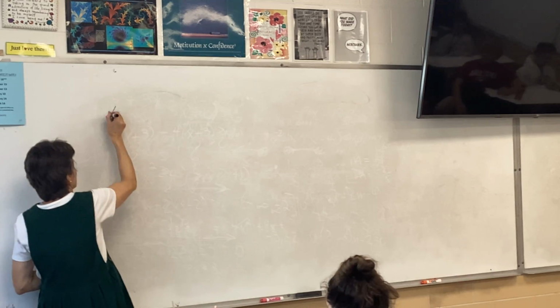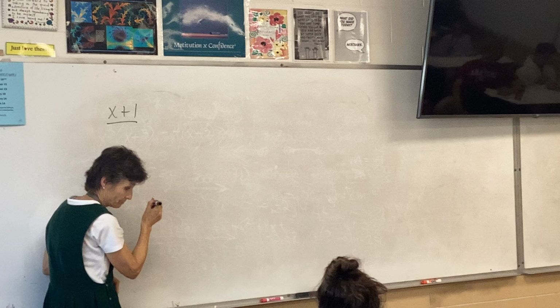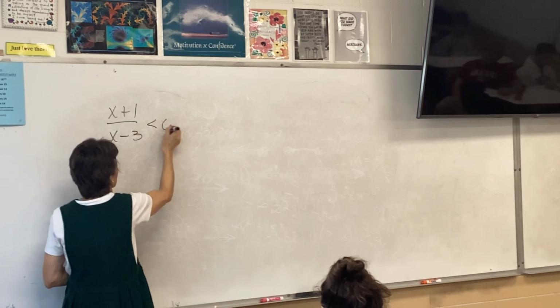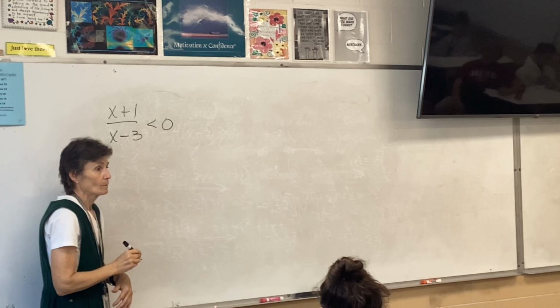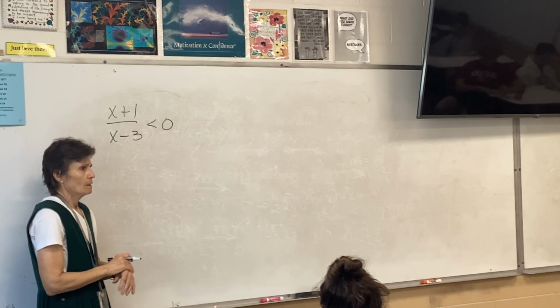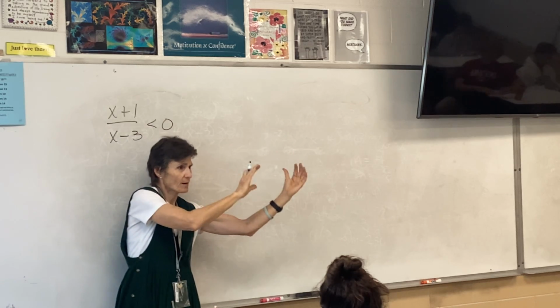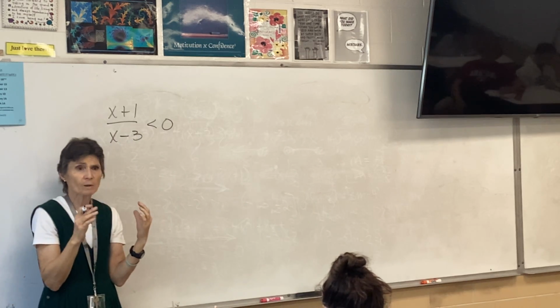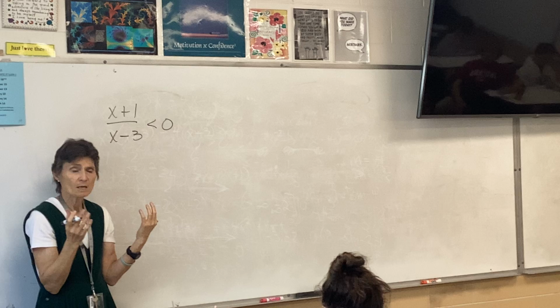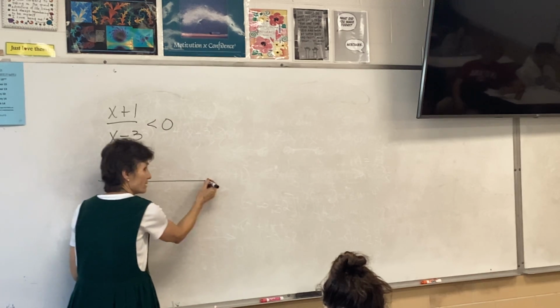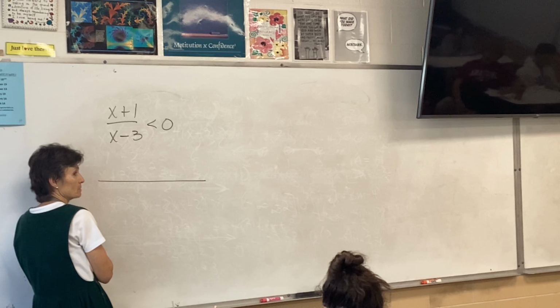All right, this one looks different. Our last problems, the parentheses were written sideways, right? Times each other. This one is a division. That does not change your overall strategy.